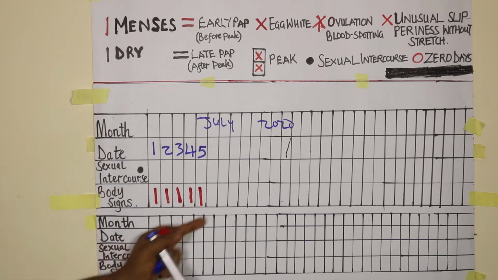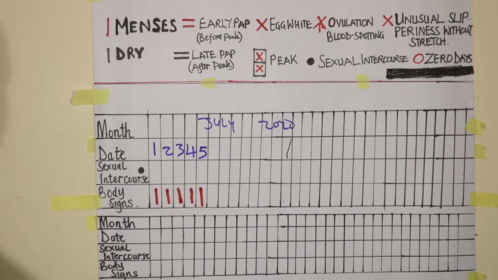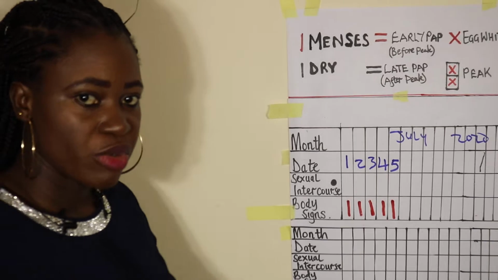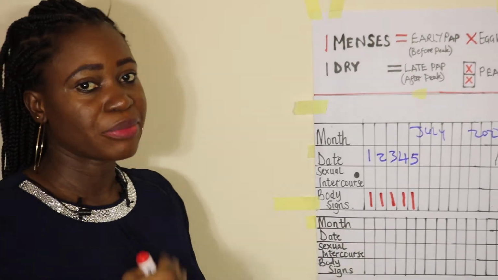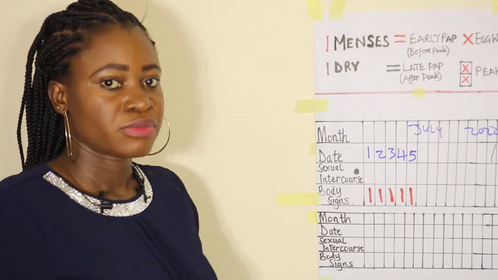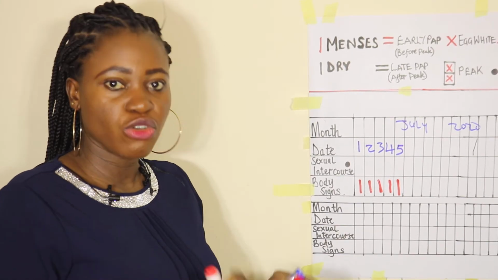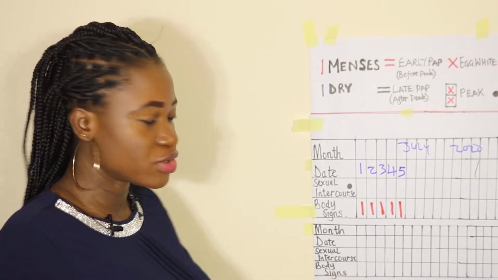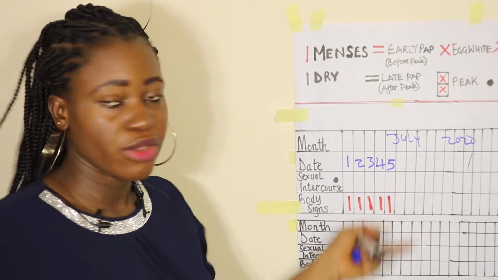So on your cycle day 6, you woke up and then nothing came out of your vagina. It was dry. But you know that the vagina is usually damp inside, just like your mouth. But there was no secretion, there was no mucus coming out of your vagina on this day, a day after your menses.